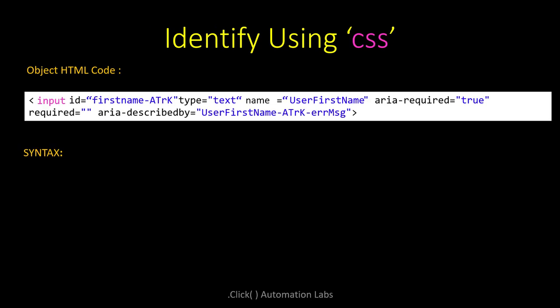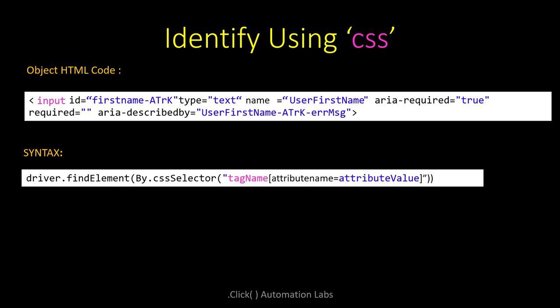Okay, so now we'll use the CSS. So CSS also is one of the best ways to locate elements. So now this is again my source code, and now we'll see the syntax. So we'll be using driver dot find element by dot CSS selector is a method now, and here we need to write your CSS locators.